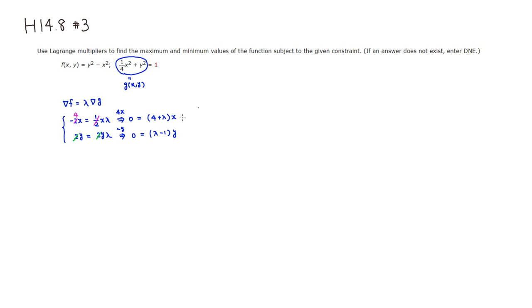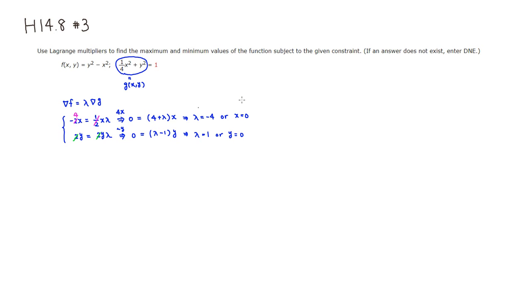From there, we can see that either lambda equals -4 or x equals 0. And here, lambda is either equal to 1 or y equals 0.